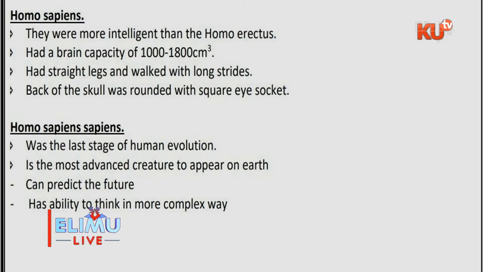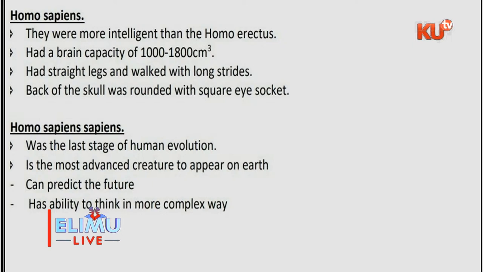The last stage of human development is called Homo sapiens sapiens. Homo sapiens sapiens was now the last stage of human evolution, and is the most advanced creature to appear on earth. Homo sapiens sapiens is now we, as we are today. We are Homo sapiens sapiens. Why?